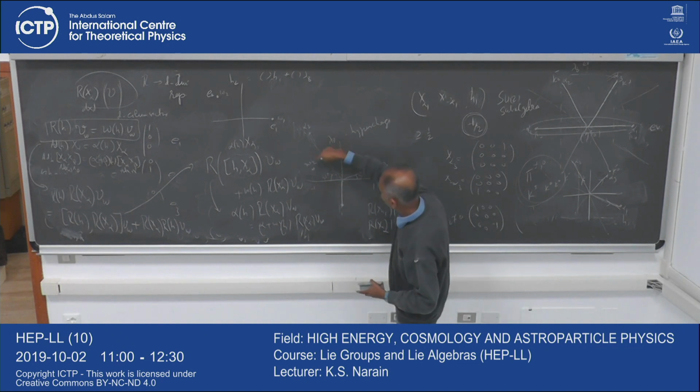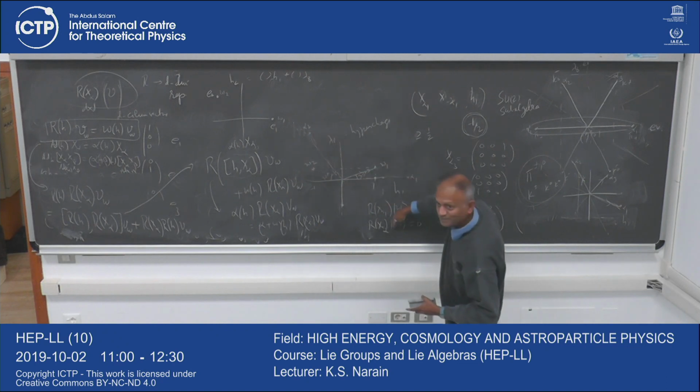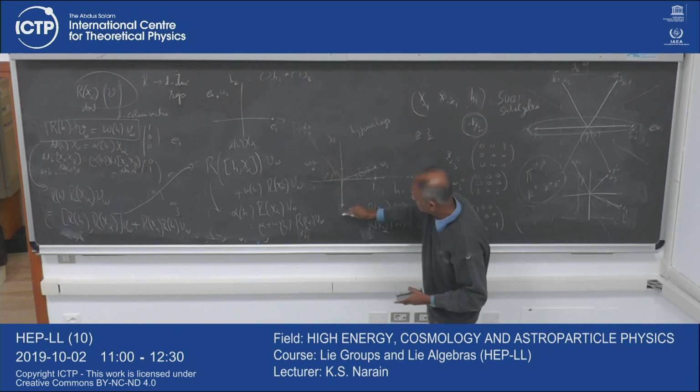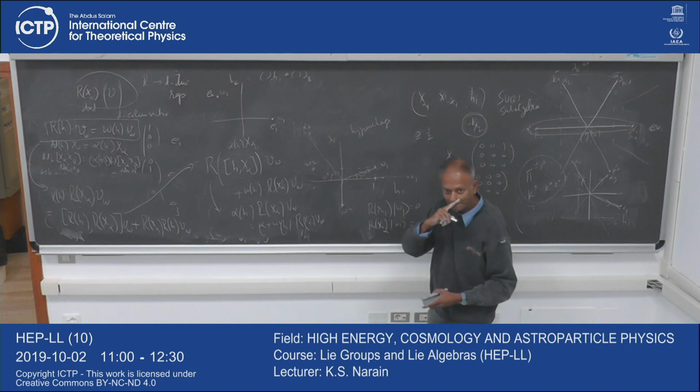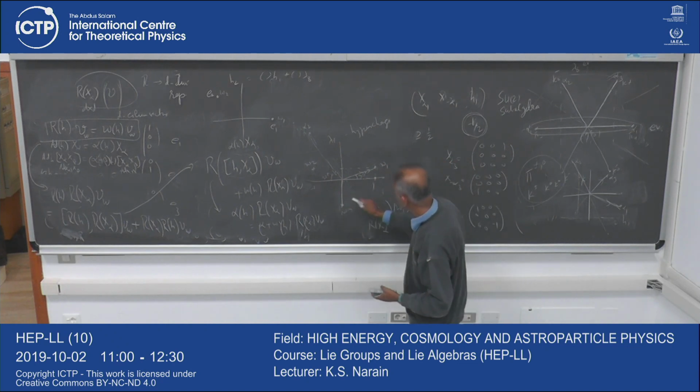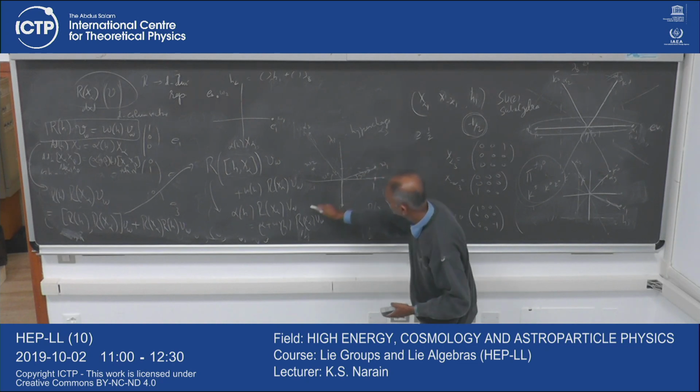So once again, this guy will become a doublet with respect to that SU2. And so when I apply X minus alpha 2, I'll come here. This is W3. And it stops there. And this guy also is a doublet, but it's a doublet with respect to alpha 3, this SU2.